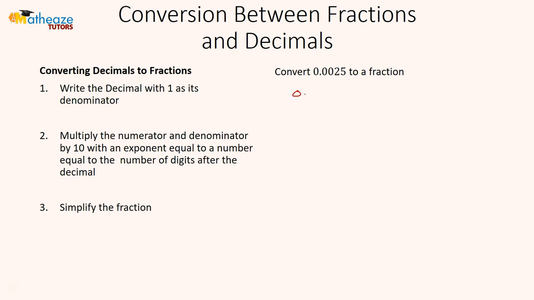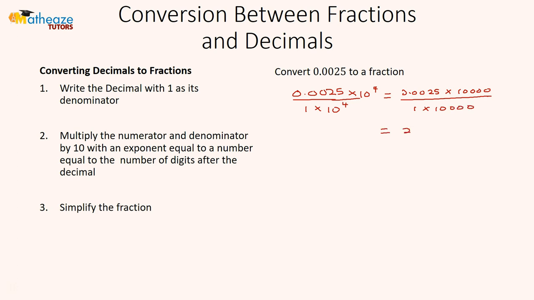Again, 0.0025. We'll make 1 its denominator, and then we're going to multiply by 10 to an exponent equal to the number of decimal places: 1, 2, 3, 4. 10 to the power of 4, 10 to the power of 4. So this is going to give us 0.0025 times 10,000 divided by 1 times 10,000.